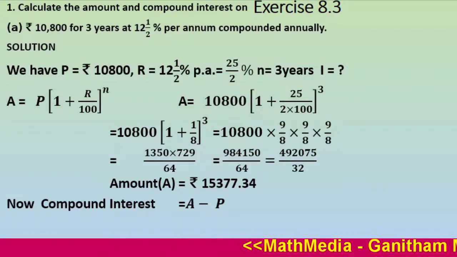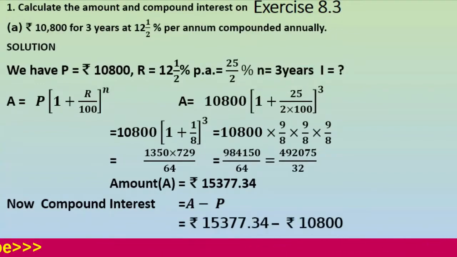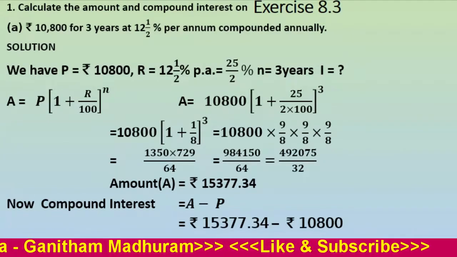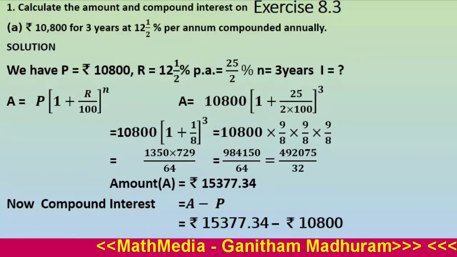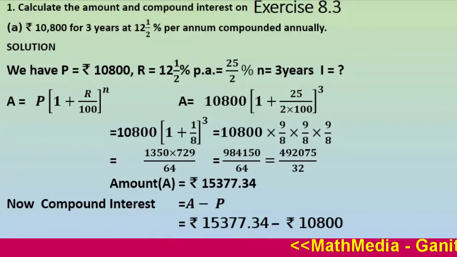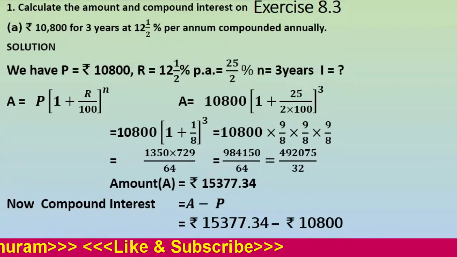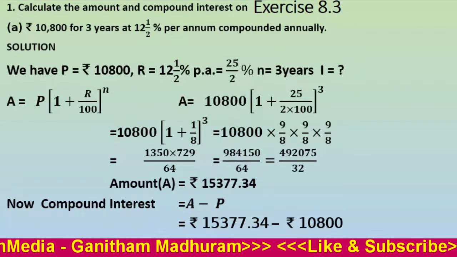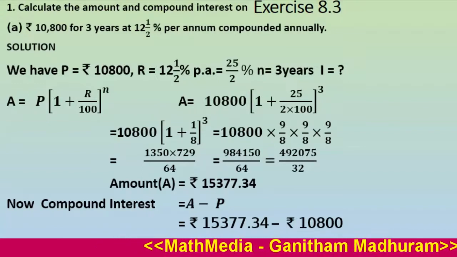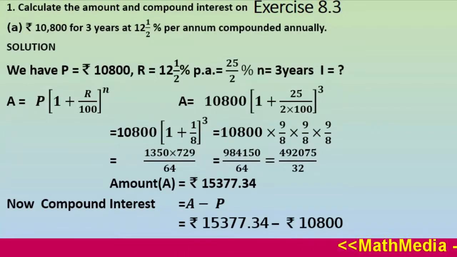Now we have to find the interest. Compound interest equal to A minus P. That is, we have to subtract 15,377.34 minus 10,800.